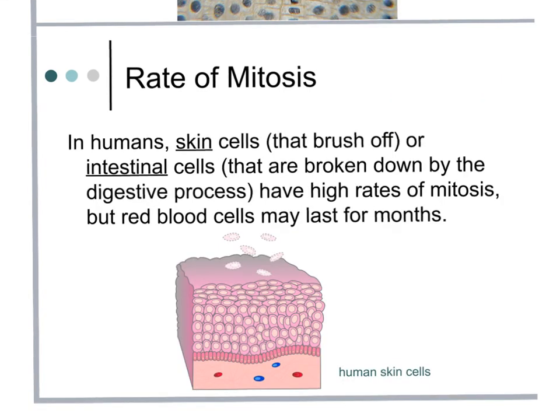The same idea goes for animals. If you recall, one of the purposes of mitosis is to repair damaged cells. Now, our skin cells or epithelial cells are constantly being damaged by our environment and so have to be replaced constantly.